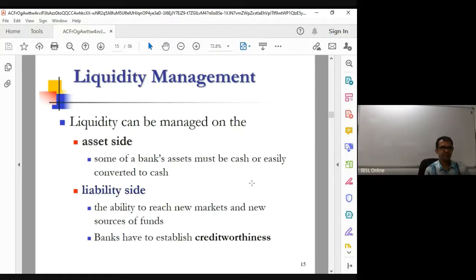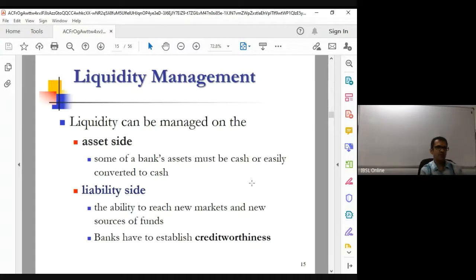That is the cost of managing liquidity through liabilities. Not only that, there's a risk as well: you may not be able to generate funds at any cost. That is the risk of managing liquidity through liabilities.